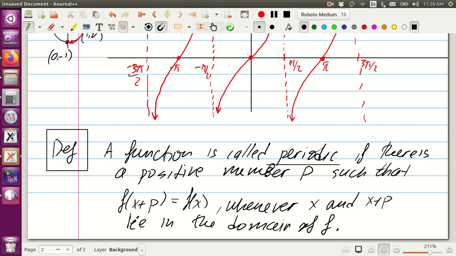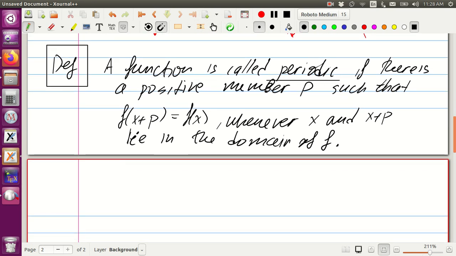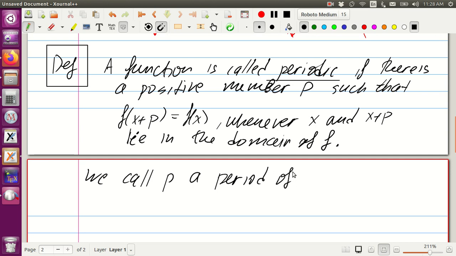And this p has a name. We call p a period of the function f. But also we can get the smallest such p, because a couple of different p's might work.